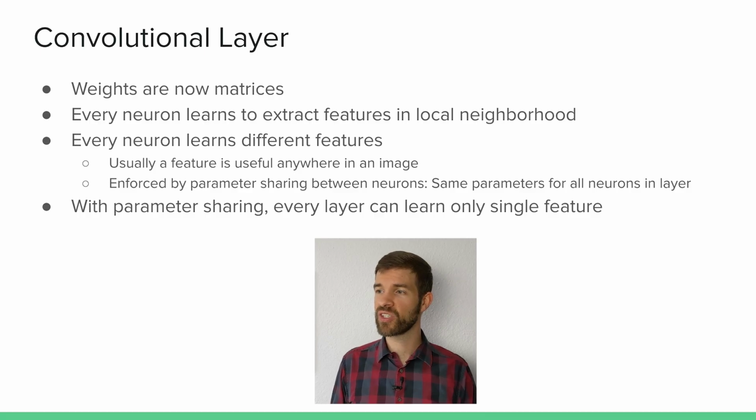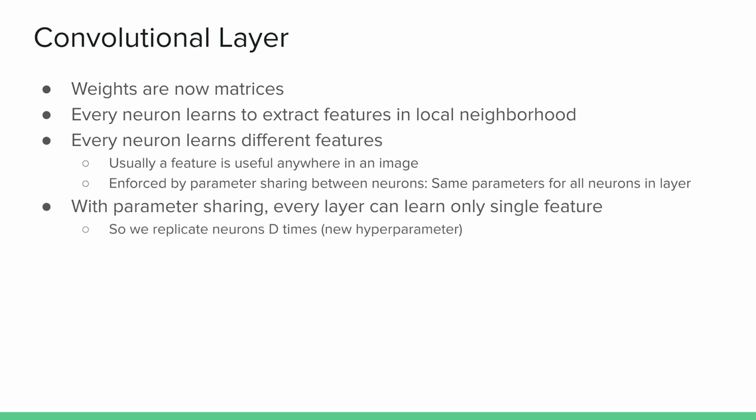But now when you think about just having one feature per layer, well, we need a lot of layers to get anywhere. So instead of just having many more layers, we replicate this. We replicate the neurons d times, which is a new hyperparameter that we have to tune. And we replicate each layer d times, and each depth slice is called a feature map, which again learns one feature.